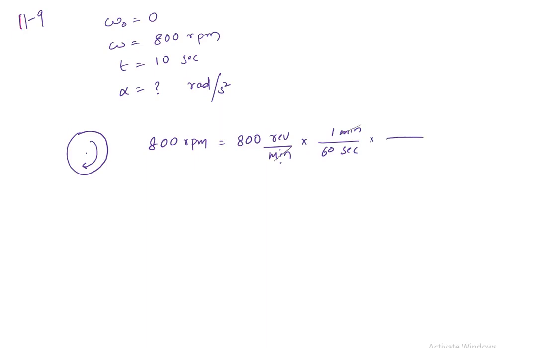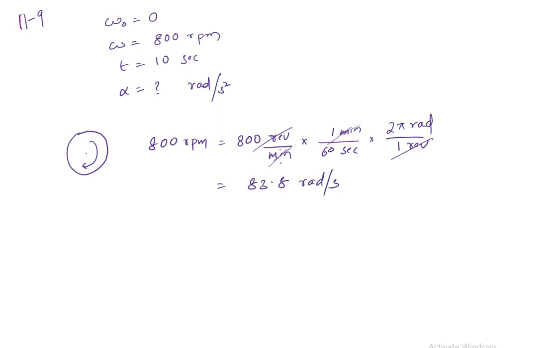Revolutions is in the numerator, so we want it in the denominator: 1 revolution is 2 pi radians. Now we cancel everything out. Revolutions cancel out, and minutes cancel out. So 800 times 2 pi divided by 60 radians per second. If you calculate that out, it comes to 83.8 radians per second.